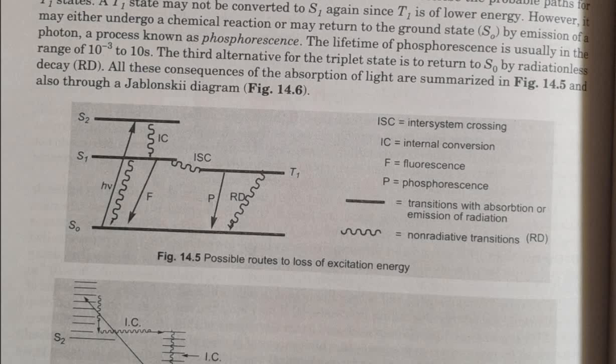Now two phenomena: fluorescence is from S1 to S0, and T1 to S0 is the phosphorescence. And the non-radiative transitions are shown differently from transitions with absorption or emission of radiation, h nu, which are shown by this line.